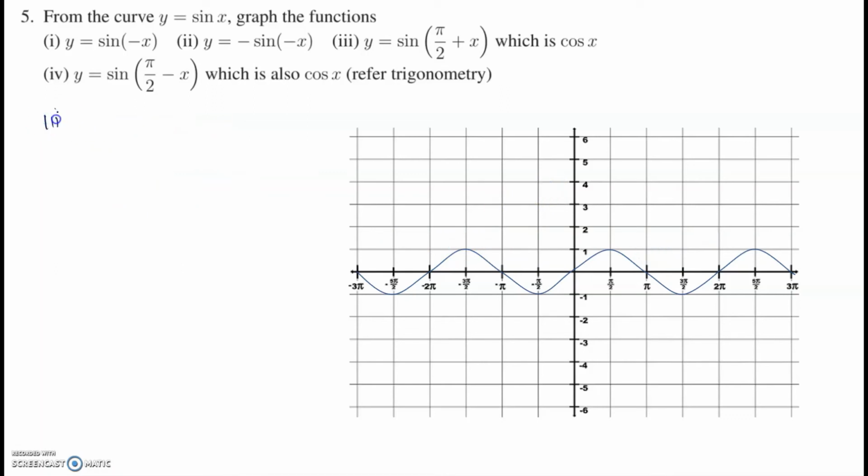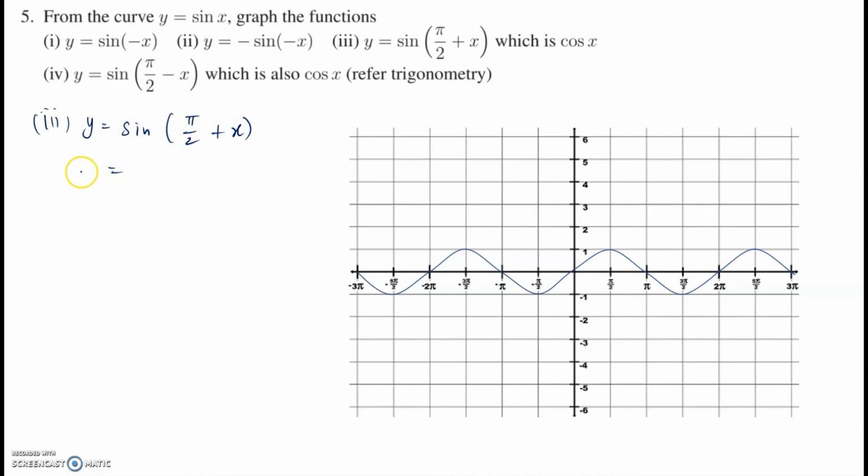Question number 3. To graph y is equal to sine of pi by 2 plus x. So we can see that it's a function.